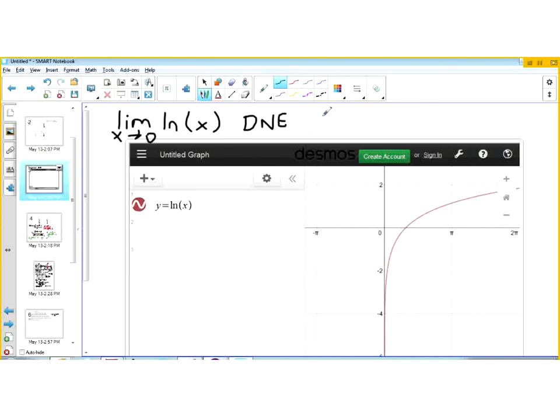And why is that? Because we cannot approach 0 from the left. We do not have a left limit, right? In order for this limit to exist, we have to have left and right limits being the same value.